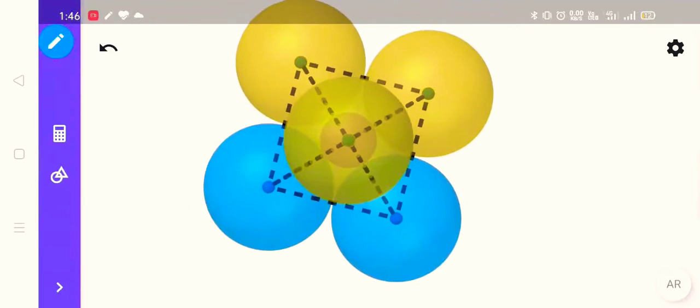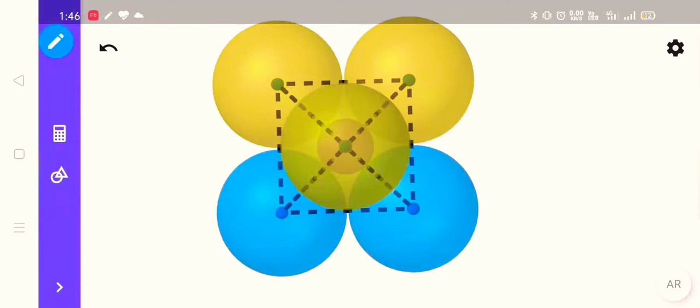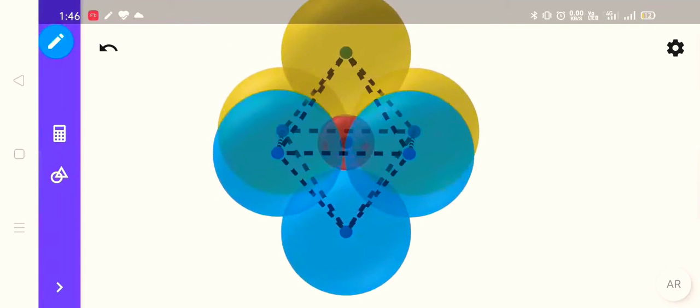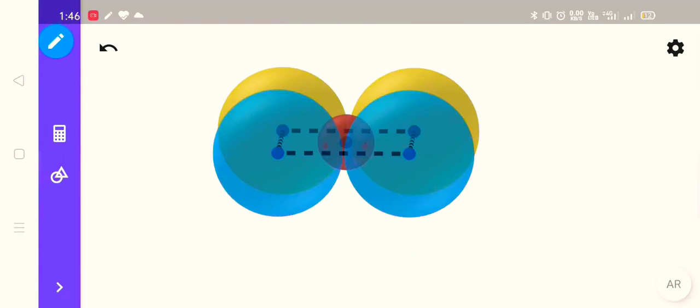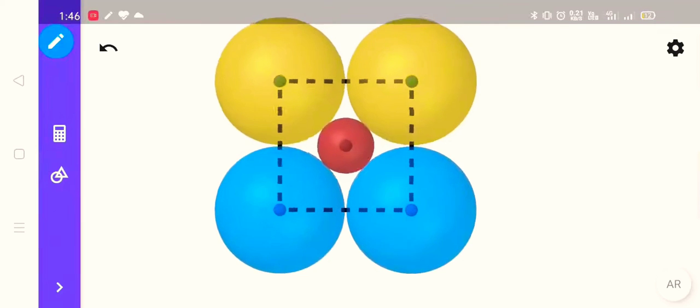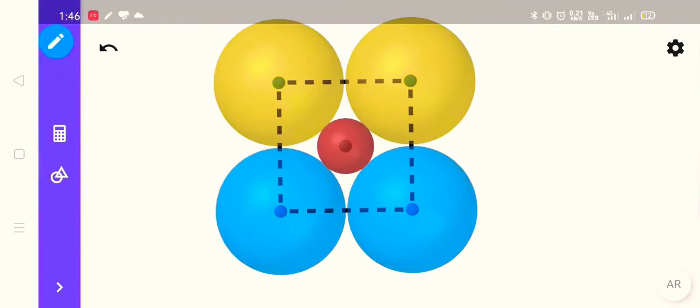First of all, we will open the void, and to do so we will remove any two opposite spheres present in this void. So we removed the top and bottom spheres. Now we can see a proper view of the particle present inside the void.